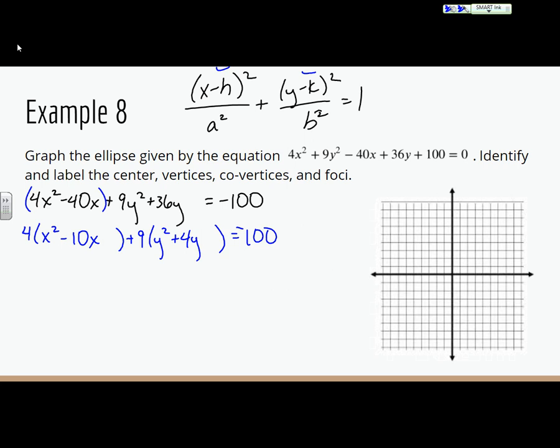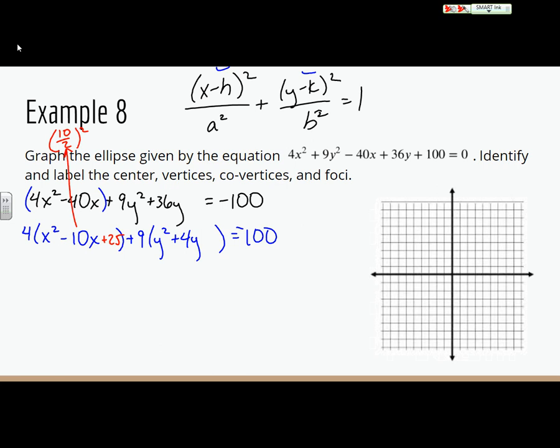Now, I left some very convenient spaces right there. A lot of you already know what we're going to do in those spaces. Some of you don't, but a lot of you do. I'm going to complete the square in these spaces. I took half of this 10 and squared it.